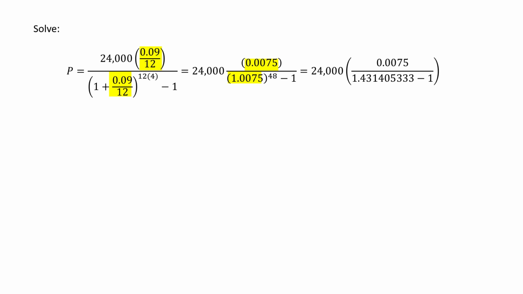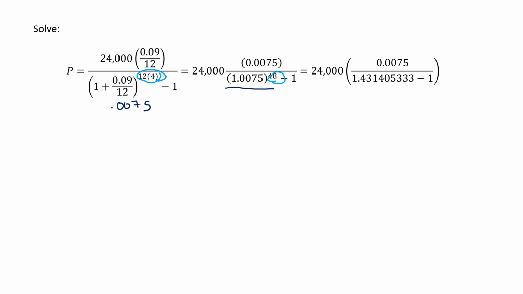0.0075. And in the denominator, you have 1 plus 0.0075, and so that'll give us the 1.0075. Furthermore, 12 times 4 gives us the 48.